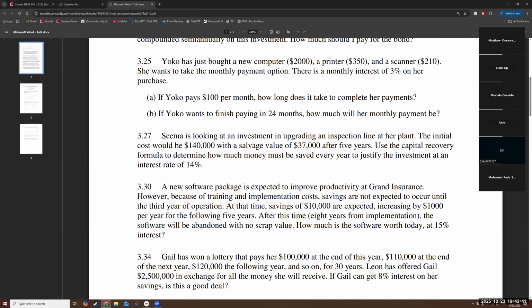It says, Seema is looking at an investment in upgrading an inspection line at her plant. The initial cost would be $140,000 with a salvage value of $37,000 after 5 years. Use the capital recovery formula to determine how much money must be saved every year to justify the investment at an interest rate of 14%.